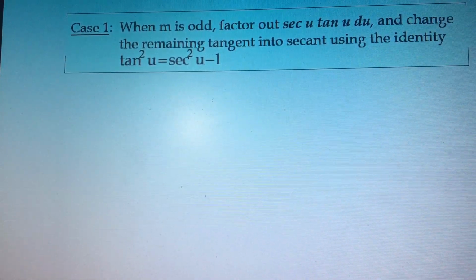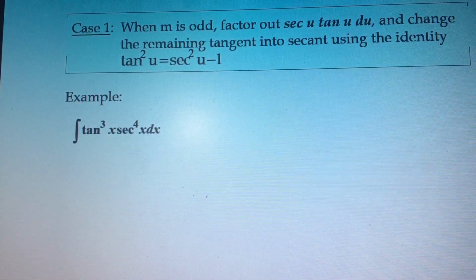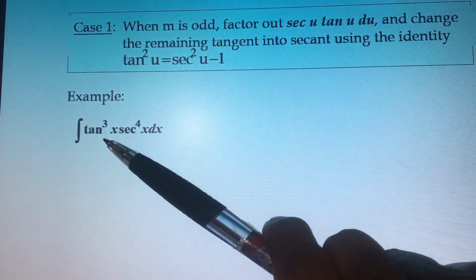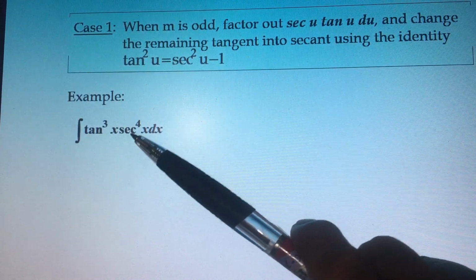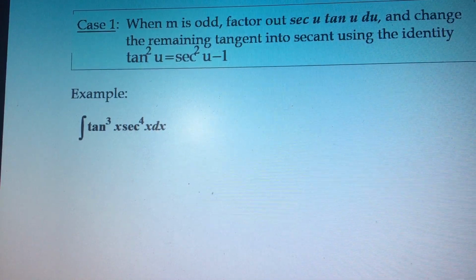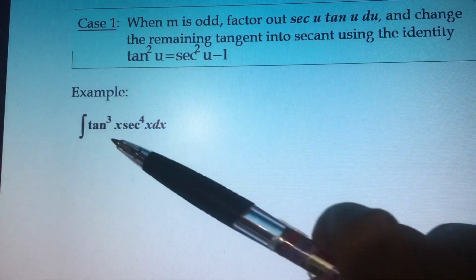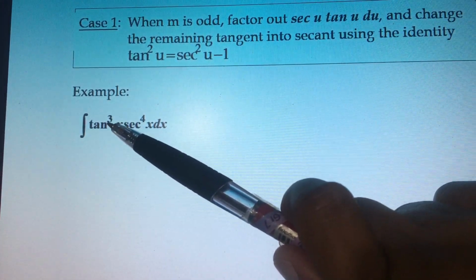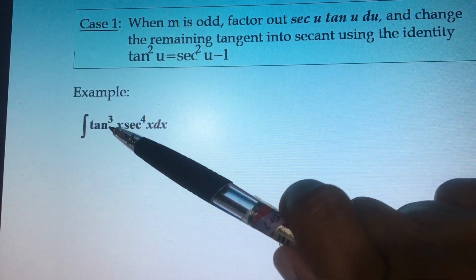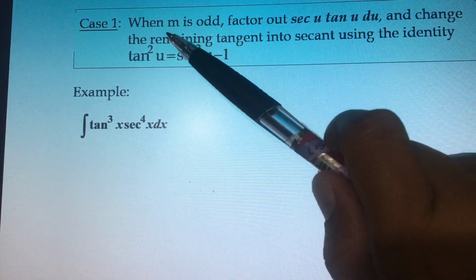For example, if you're given something like integral of tangent x cubed times secant x to the fourth power dx, look at the exponent of tangent, which is m. Here m is equal to 3, so m is odd.